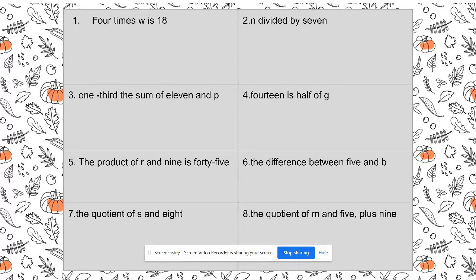14 is half of G. Of falls under what operation? Look at your reference sheet. Multiplication. So we're going to write it.